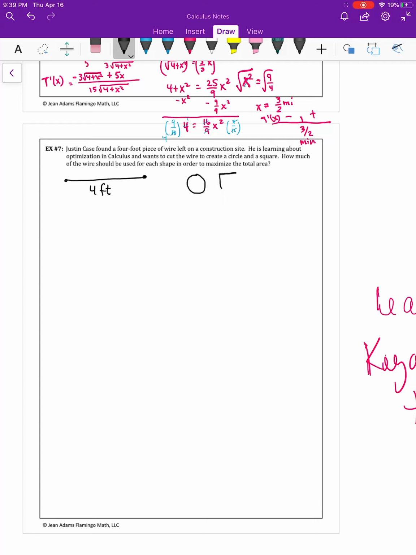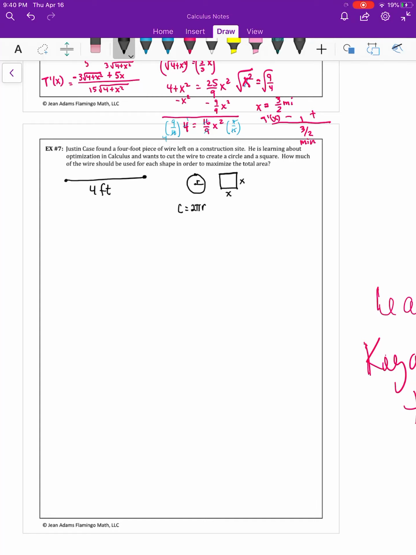Okay. So for this one, he's got this 4-foot piece of wire, and he wants to cut it to create a circle and a square. Okay? So we're going to say that this is an x by x square.